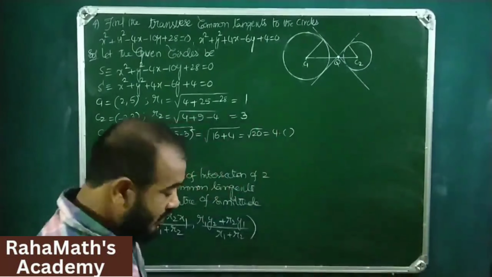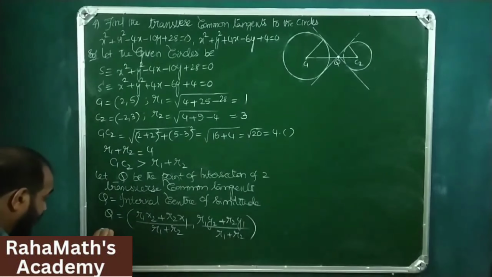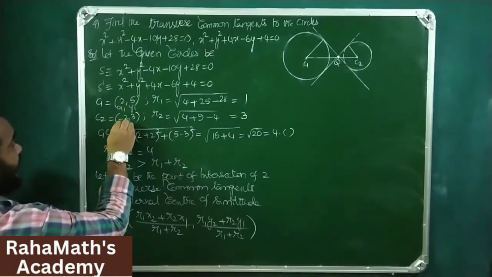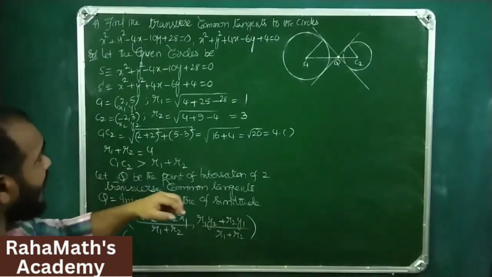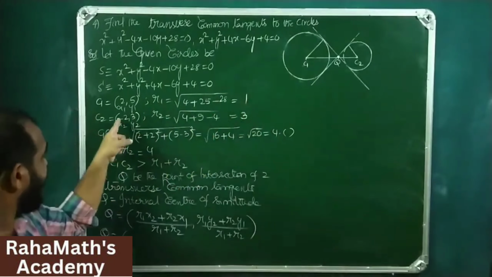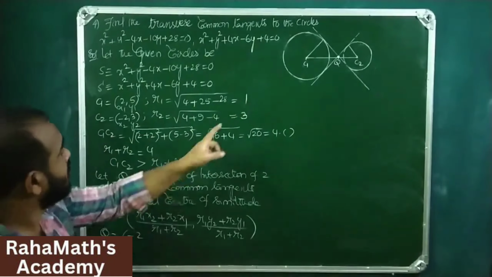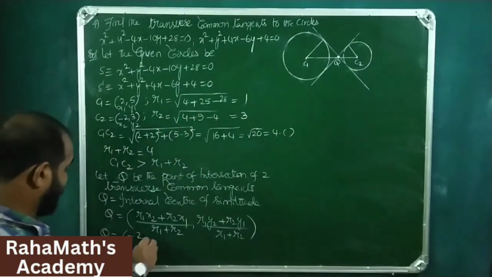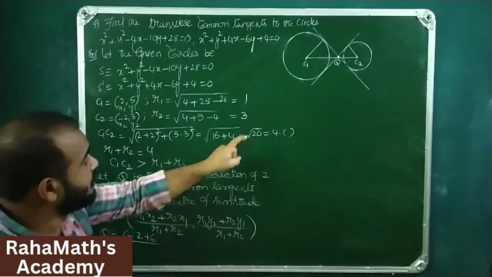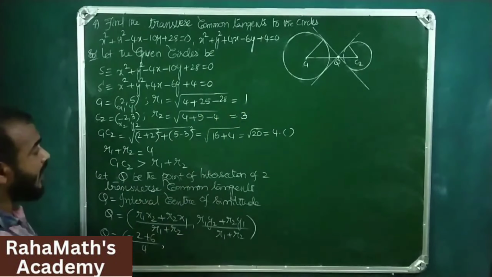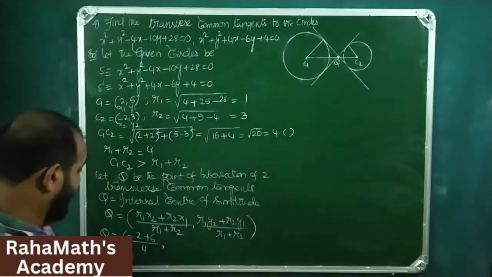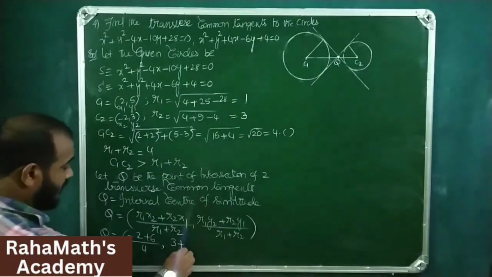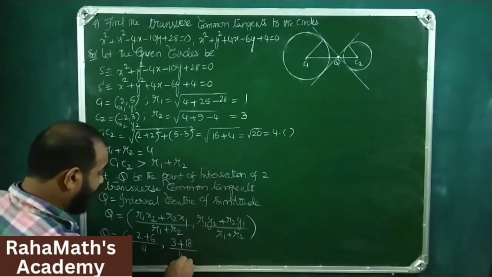Okay. Now, this Q is equal to R1 x2. See here, this is x1, y1, x2, y2. R1 x2 is 1 into minus 2, minus 2, plus R2 x1, 3 into 2, 6, by R1 plus R2, 3 plus 1, 4, comma R1 y2, 1 into 3, 3, plus R2 y1, 3 into 5, 15, 3 plus 15 is 18, by R1 plus R2 which is 4.